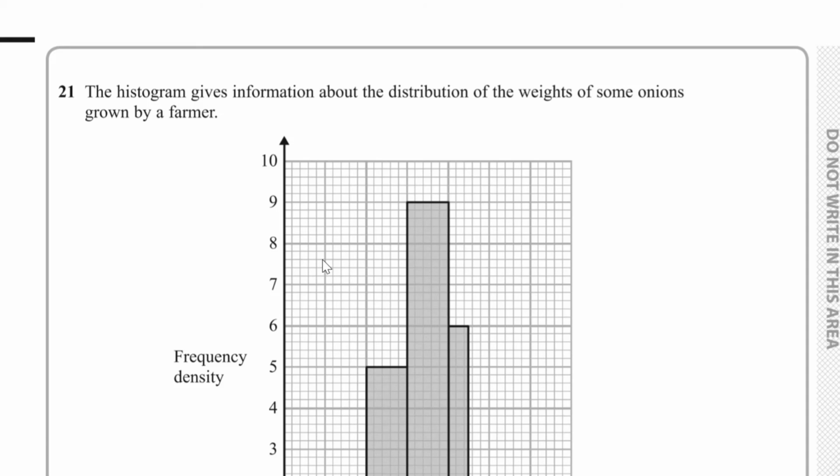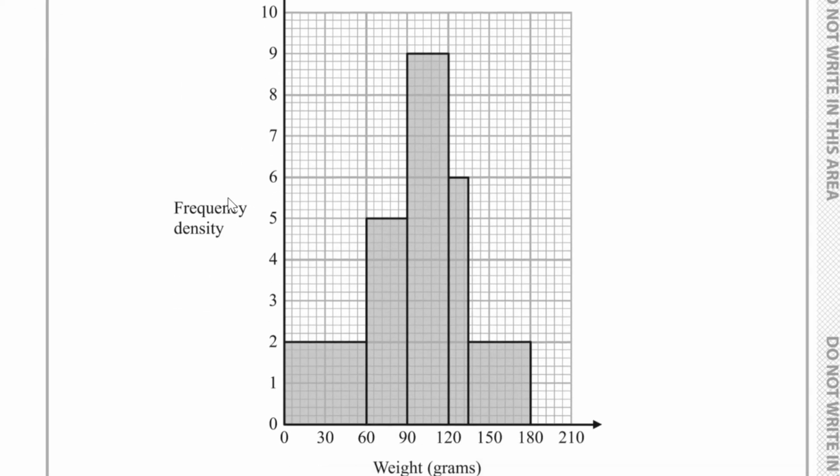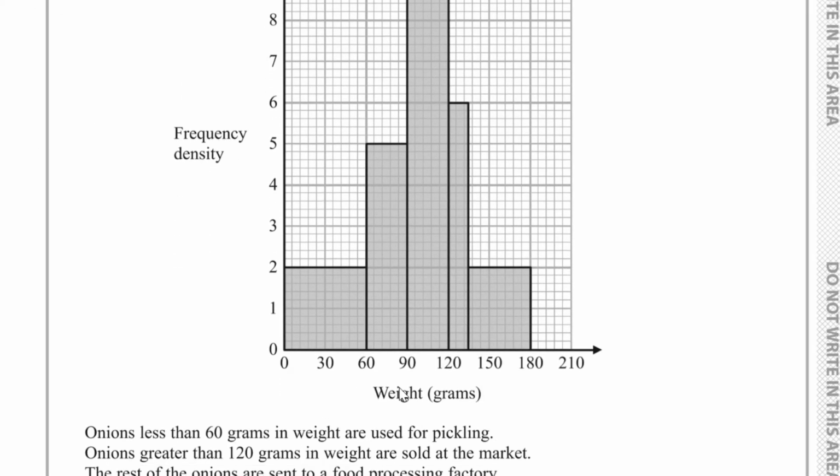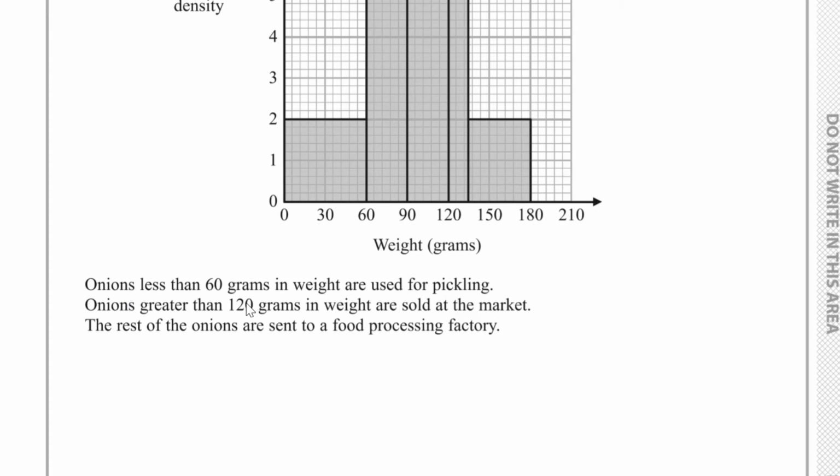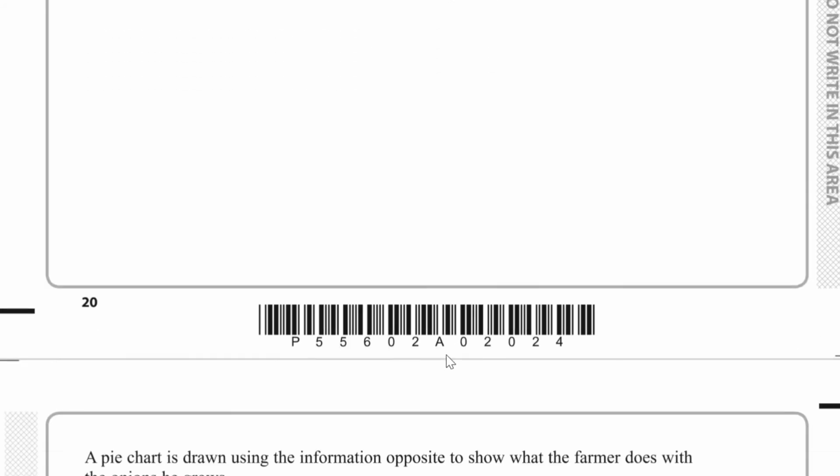Question 21. The histogram gives information about the distribution of the weights of some onions grown by a farmer. So we've got the frequency density and the weights. Onions less than 60 grams in weight are used for pickling. Onions greater than 120 grams are sold at the market. The rest of the onions are sent to a food processing factory.